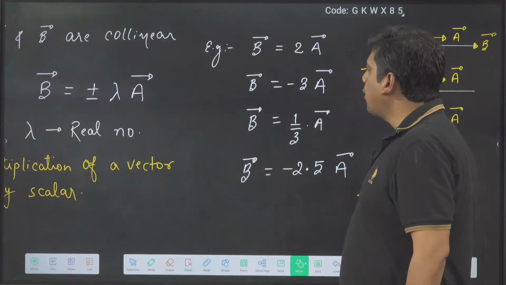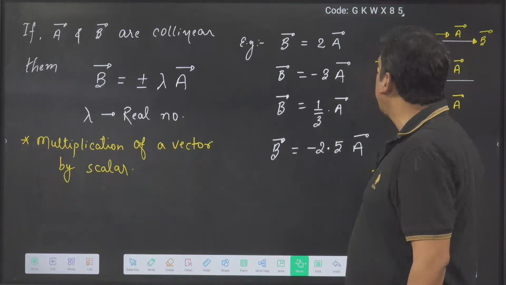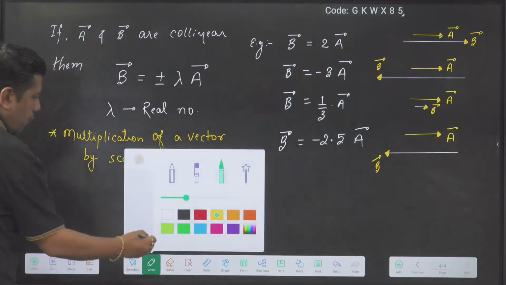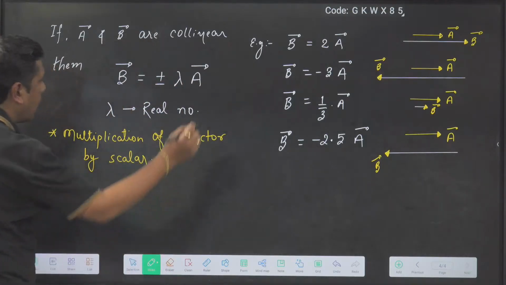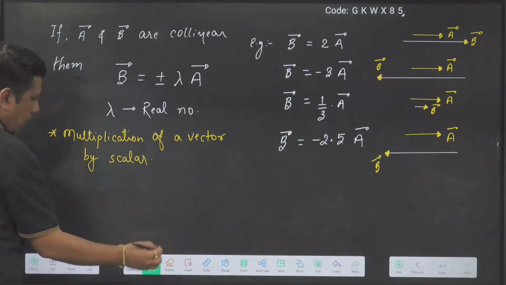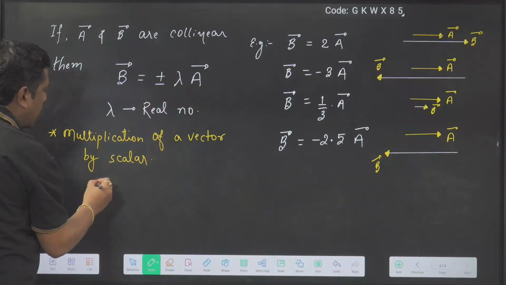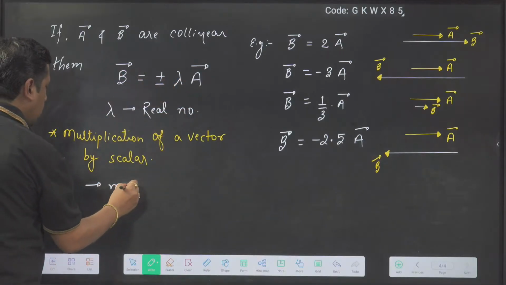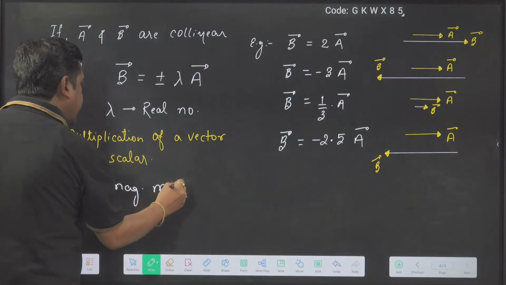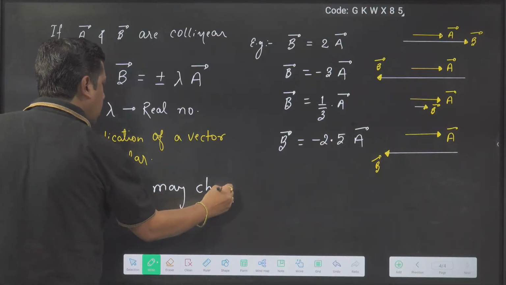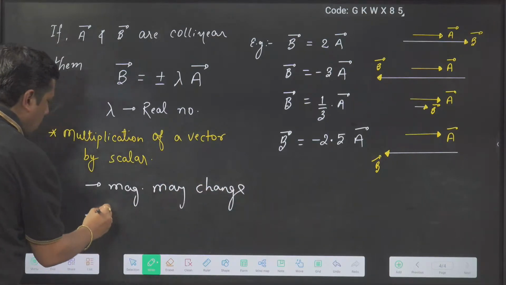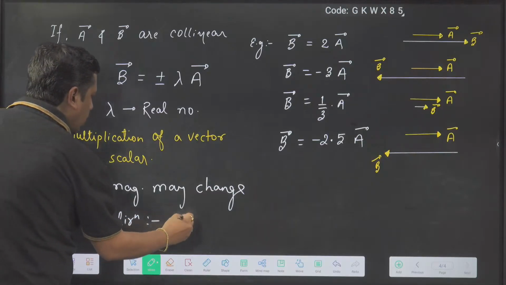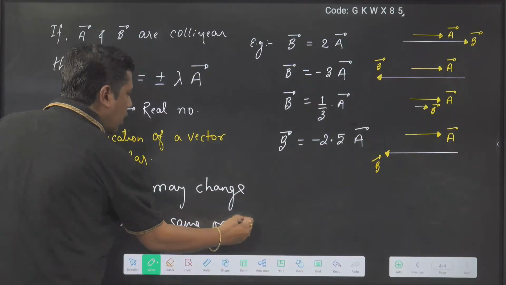So please understand what happens when you multiply a vector with a scalar. Its magnitude may change. Direction, same or opposite.